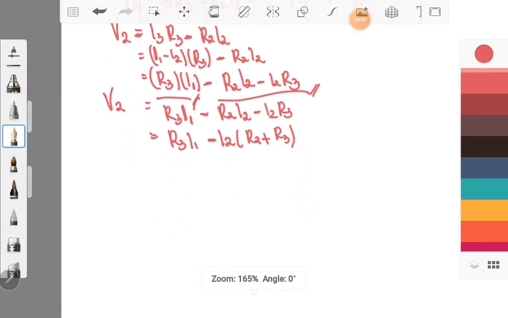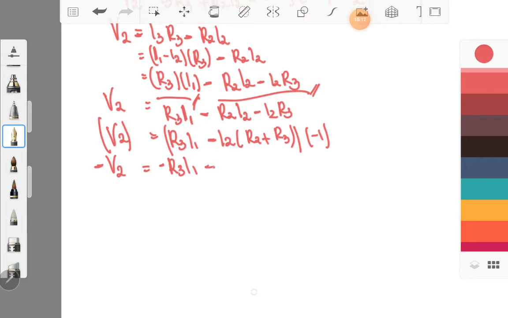Okay. Para makuha nyo yung special technique ko later on is that gagawin nating negative to. So we will multiply both sides by negative 1. We have negative V2 equals negative R3 I1 plus I2 times R2 plus R3.